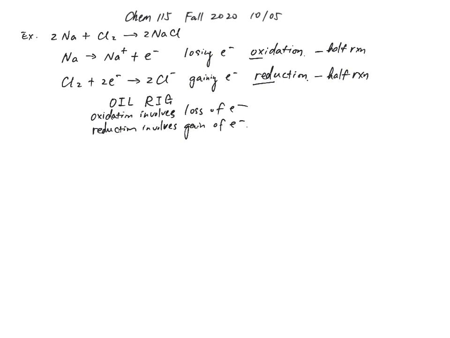During any redox reaction, at the end of the day, you can always break it into two halves. There's always going to be a species losing electrons. There's always going to be a species gaining electrons.